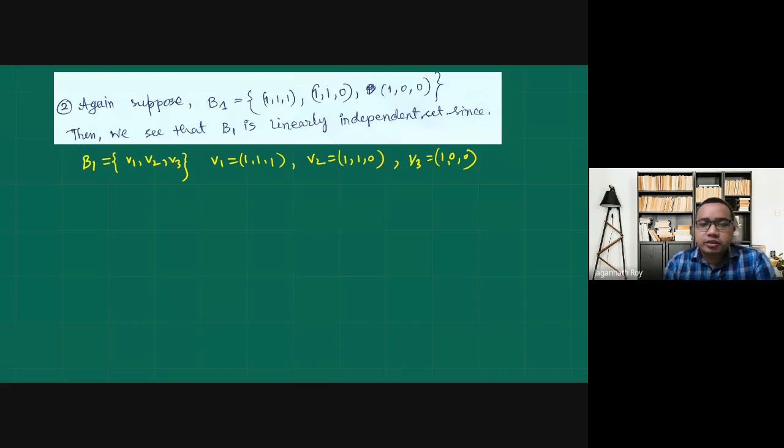In order to check whether they are linearly independent or not, it is sufficient to check whether the determinant is non-zero. So we calculate the determinant.